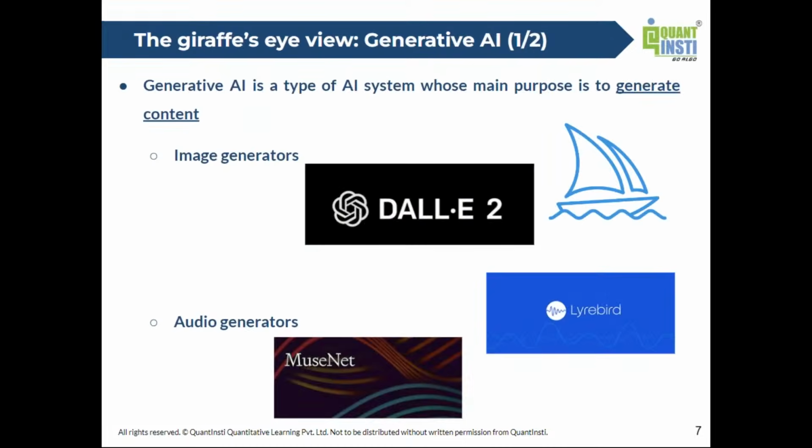Now, when we speak about AI, the part that, as far as this seminar goes, we are most interested in is a field called generative AI, right? As the name suggests, generative AI is a type of AI system which is essentially trying to generate content. Now, what do I mean by content? It could be content of different shapes and sizes.